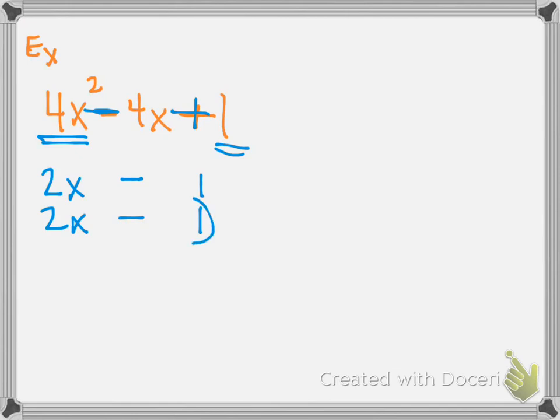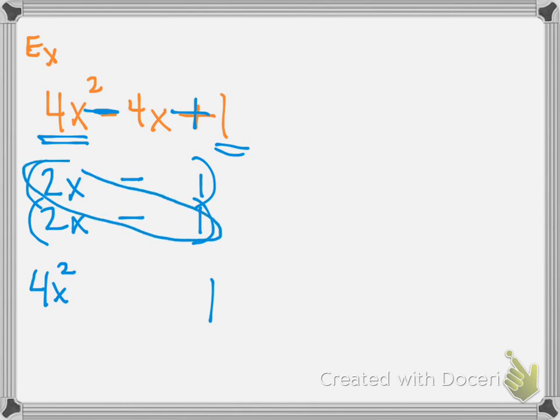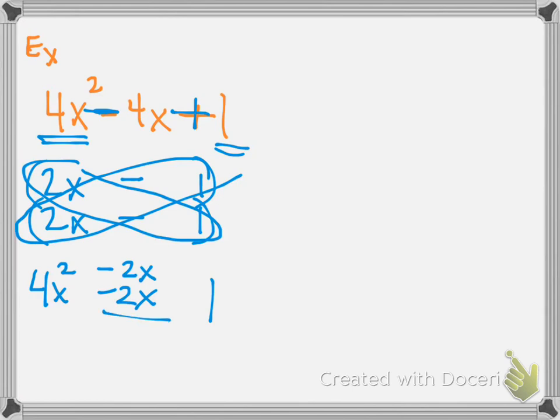I'm going to check my work and make sure it's right before I move on. 2x times 2x is 4x squared. That's good. Negative 1 times negative 1 is positive 1. And this is how you get the middle number. 2x times negative 1 is negative 2x, and negative 2x and negative 2x add to give you that negative 4x.